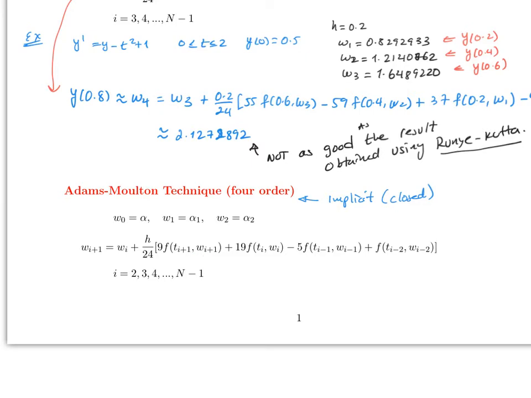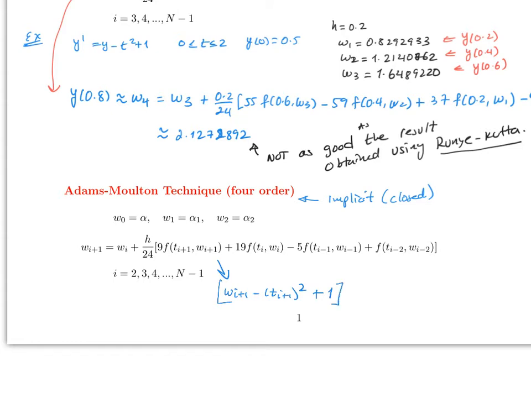And again, it's not always possible to do that. Here in our case, this is actually possible, because here f(t_{i+1}, w_{i+1}) is technically just w_{i+1} minus t_{i+1} squared plus 1.